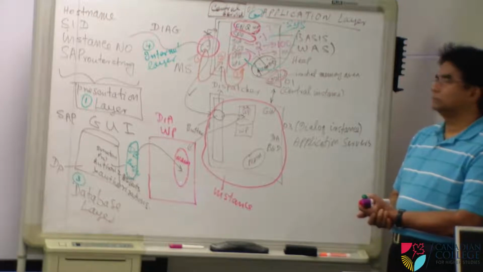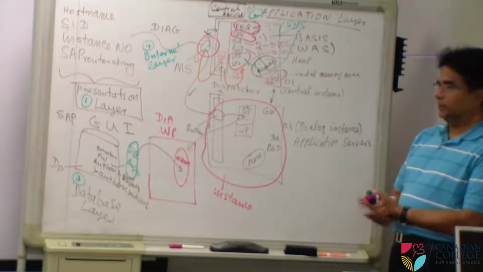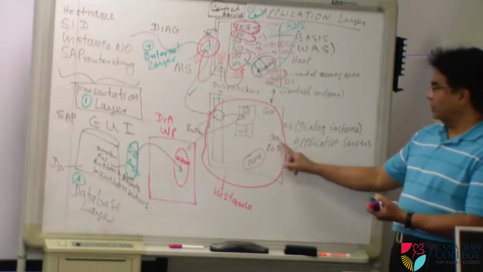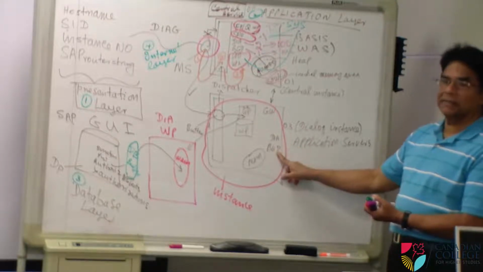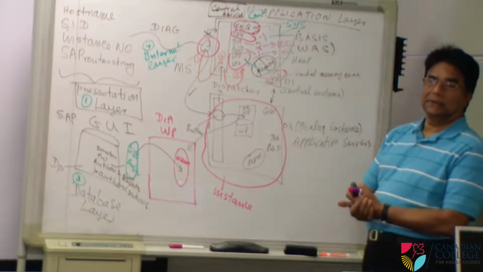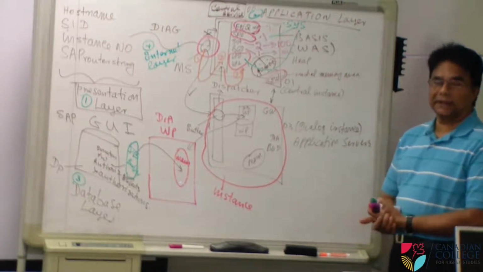Update should be per system. We don't have update here. We have only dialogue and background, so only dialogue and background per instance. All others are per system. That is the easy way to remember, right?